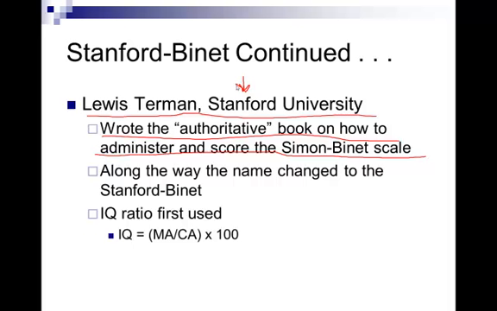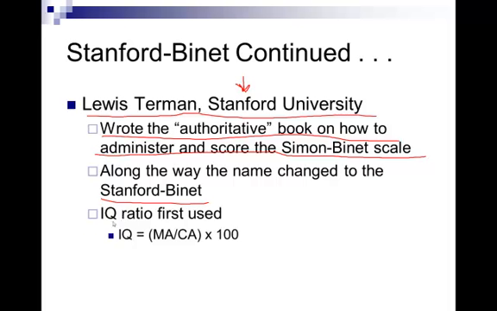Because let's face it, if we have a test, it may be the best one in the world, but if we don't know how to use it, it doesn't do us a whole lot of good. And as time went on, I think in the late 40s and early 50s, the name was changed to Stanford-Binet.